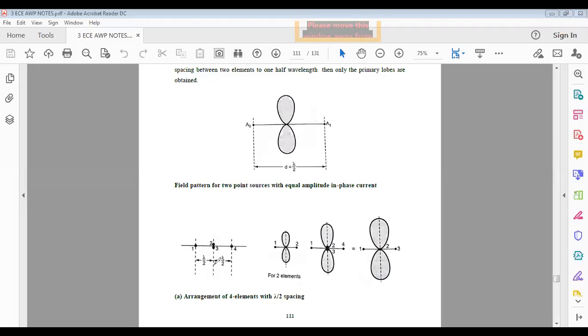The net distance between them is again lambda by 2, and the group pattern result is also like this. That's why when we multiply the unit pattern into the group pattern, we get the radiation character like this.